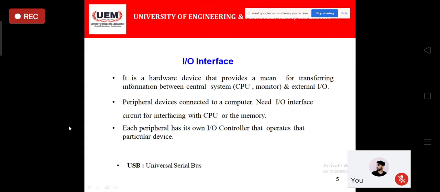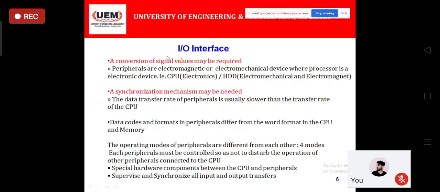I need IO interface circuit for interfacing the CPU and the memory. Okay, so you have seen those devices are required to interface between the outside, the keyboard or mouse, whatever you say, to the CPU. That's the first point. Now, second point, how it works and why it is required, that is given.